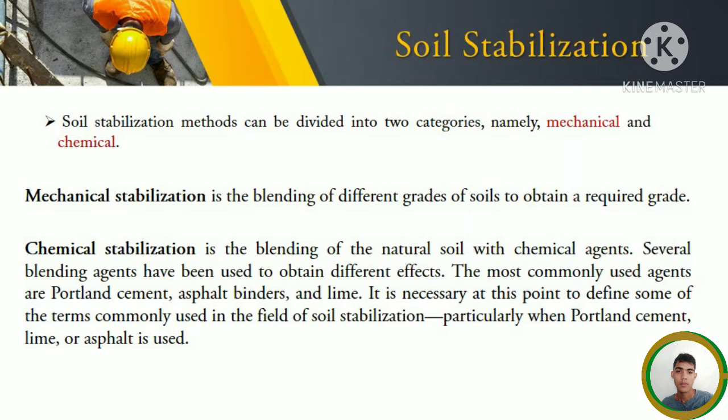But for now, the most commonly used agents are Portland cement, asphalt binders, and lime. It is necessary at this point to define some of the terms commonly used in the field of soil stabilization, particularly when Portland cement, lime, or asphalt is used. Later on, I will be discussing that.